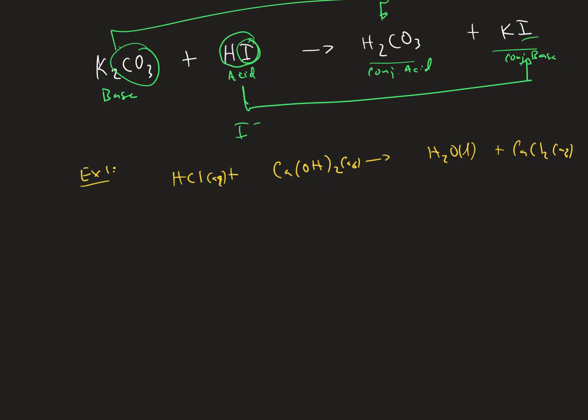What's the first thing we have to do? Balance it. Ca(OH)2. There are 2 chlorines, so I put a 2 there. 2 hydrogens, so we put a 2 there because that has 2 hydroxides. You guys see how I did that?